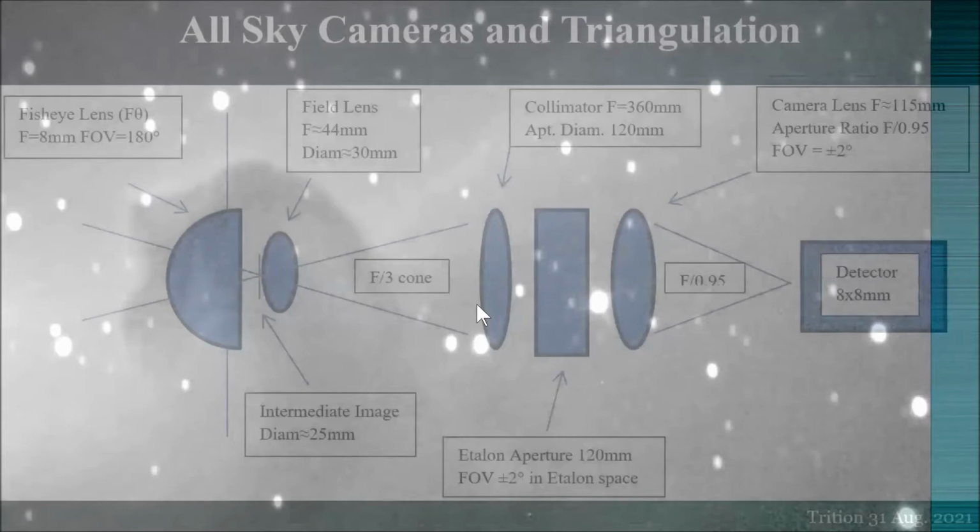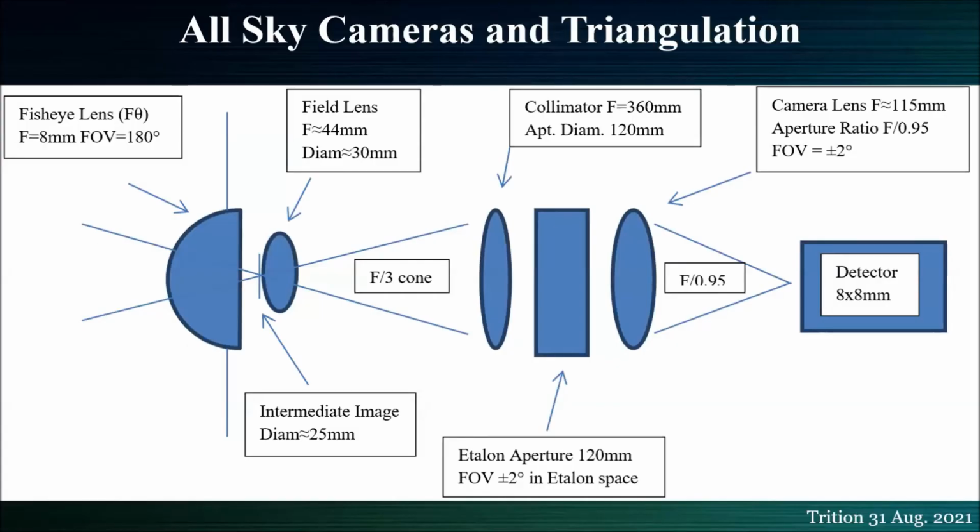So what else do we do with these? All sky, a fisheye lens, and a field lens, and then another field lens. And what we can do is then go into high resolution spectroscopy using one or two Fabry-Perot etalons in this space here, and then of course we image onto our detector.